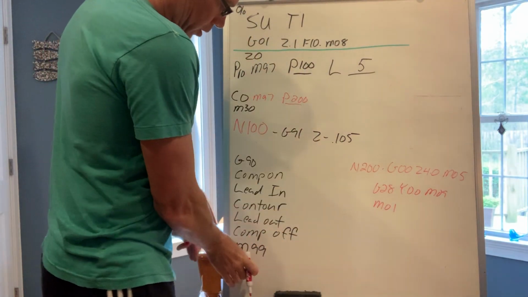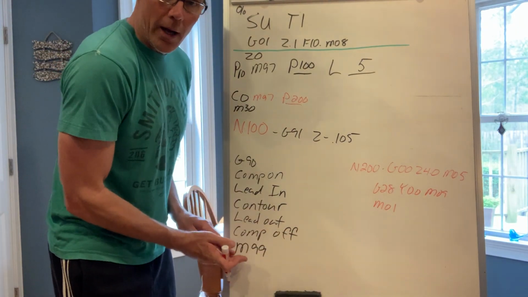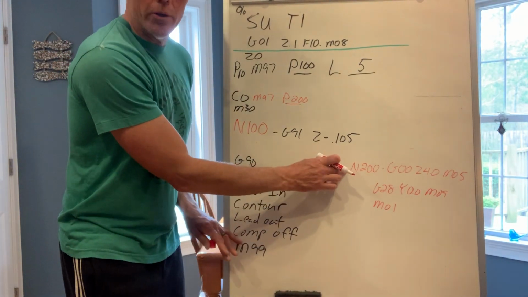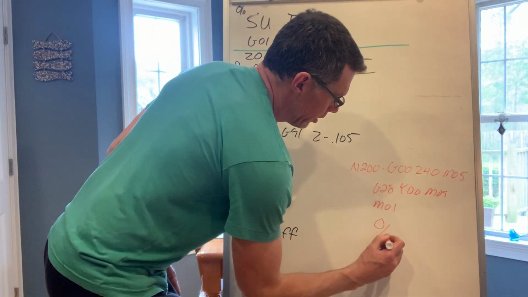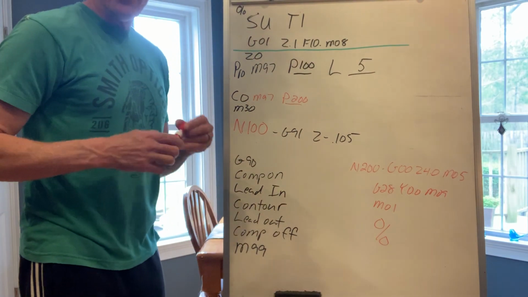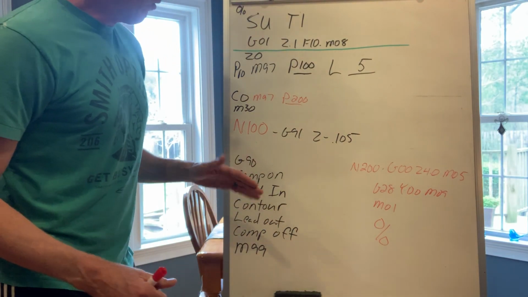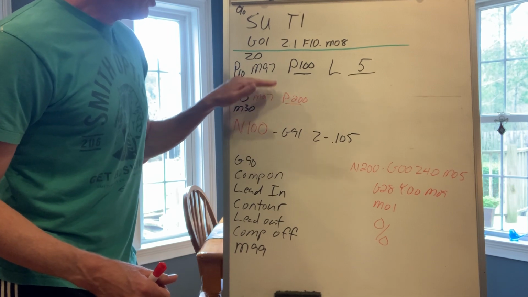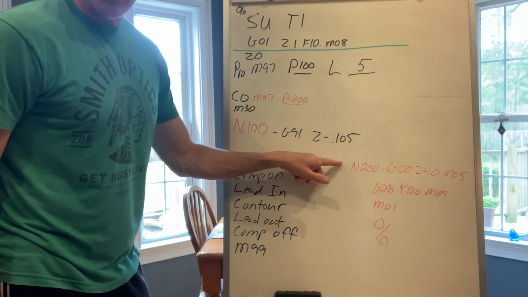Now, if that program was down here after this program, you'd have an extra line, and you would start it, and it would be line 200. So now your percent sign could go down here after that. And you can put as many subs in there as you want. You just have to make sure that whatever M97 line you're going with, the P number coincides with the sub that you want.